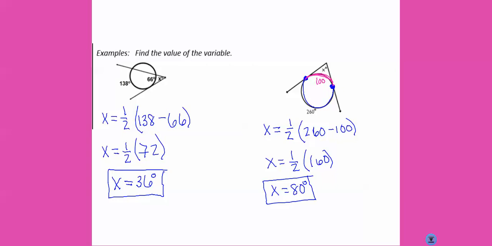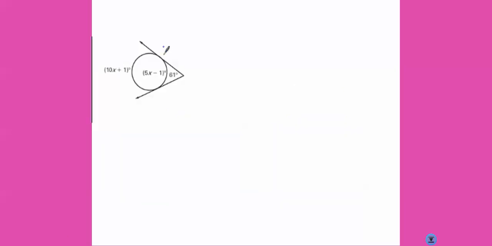For our last example, we're going to have to do a little more algebra because our arcs this time are expressions. So we know our angle 61 has to equal half of our big arc minus everything that's part of the little arc. So 5x minus 1.